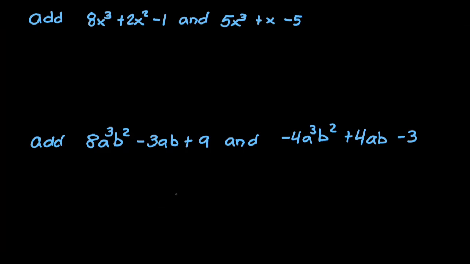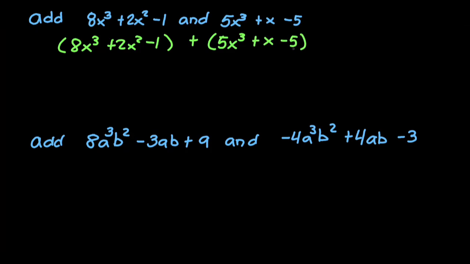Let's continue on. For this, it says add 8x cubed plus 2x squared minus 1 and 5x cubed plus x minus 5. This will be simply 8x cubed plus 2x squared minus 1 plus 5x cubed plus x minus 5.